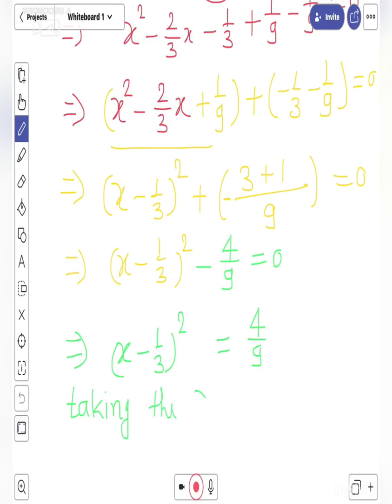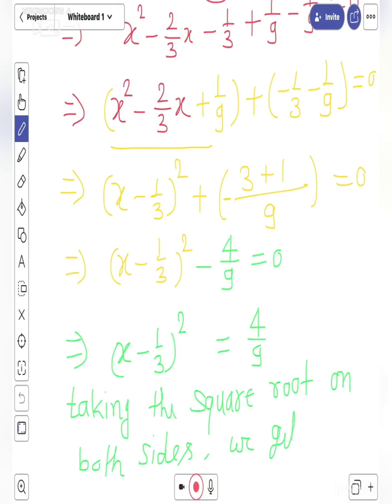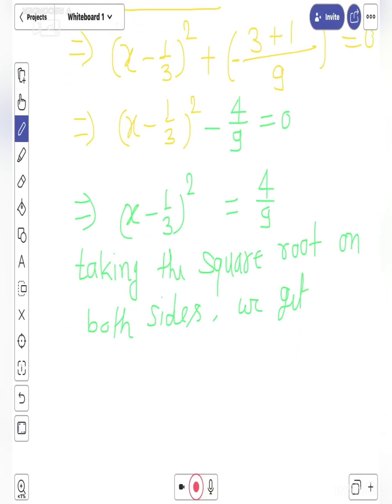Now taking the square root on both sides, we get here, that is into the right hand side.